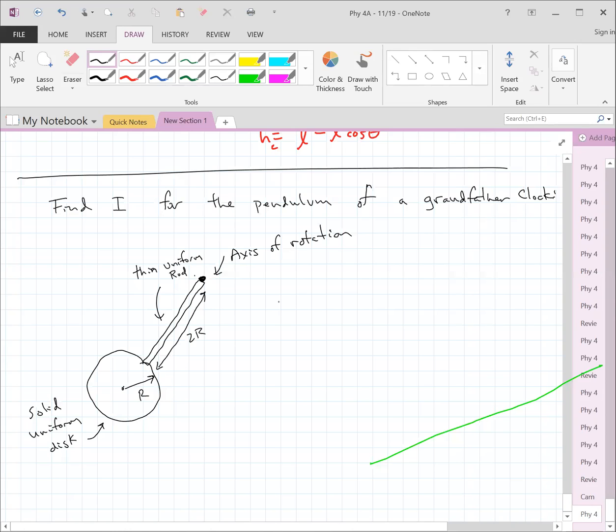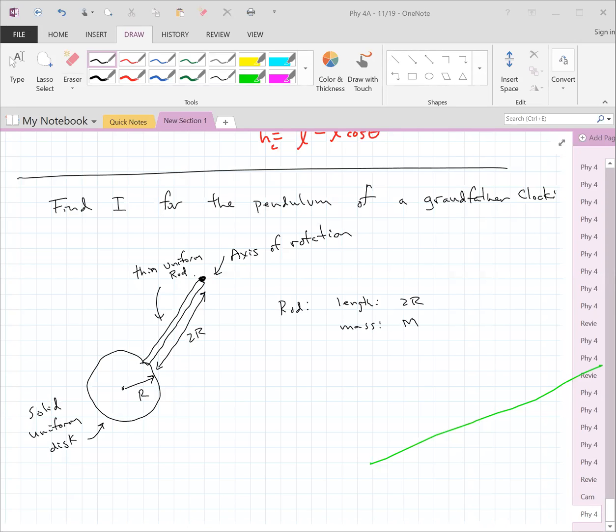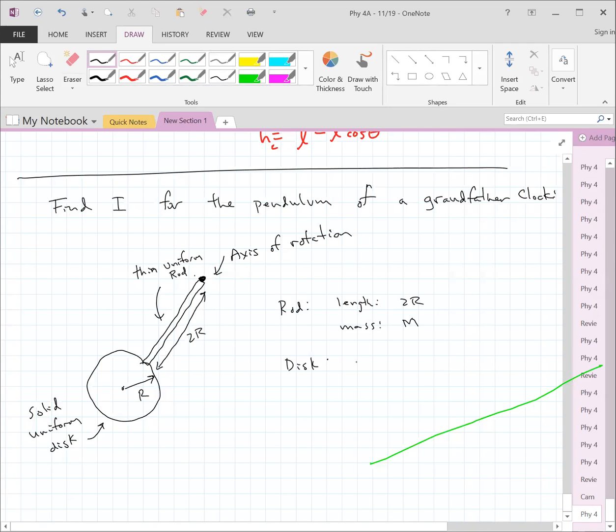So the rod is going to have a length 2R, and mass m, and the disk is going to have a radius R and a mass, let's go with 2m.